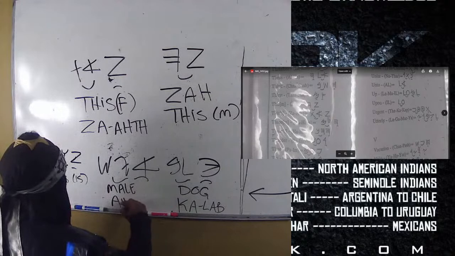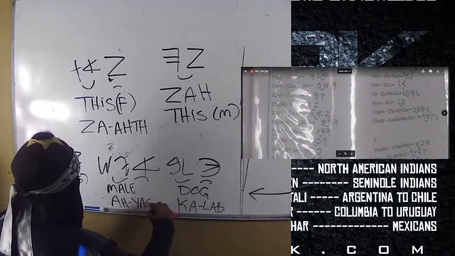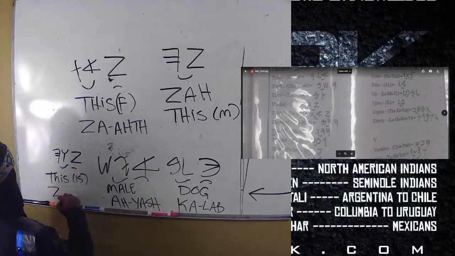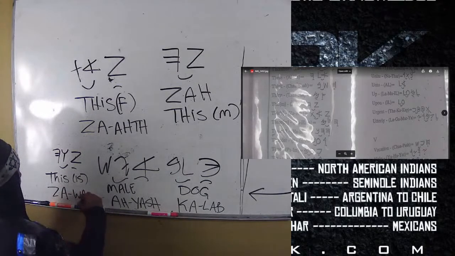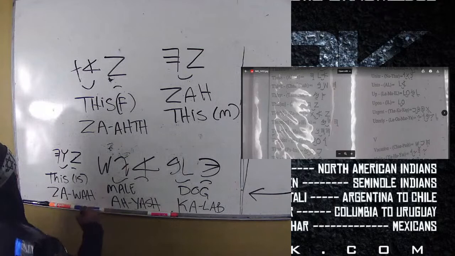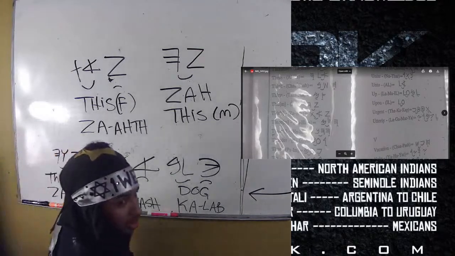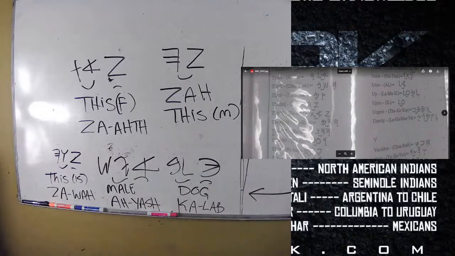Ayash, and then Zawab. This is Zawab. Because remember, this little wa right here is making it present tense. Saying this is Kalab Ayash Zawab. Dog male, this is. Male dog, this is. Or this is a male dog.